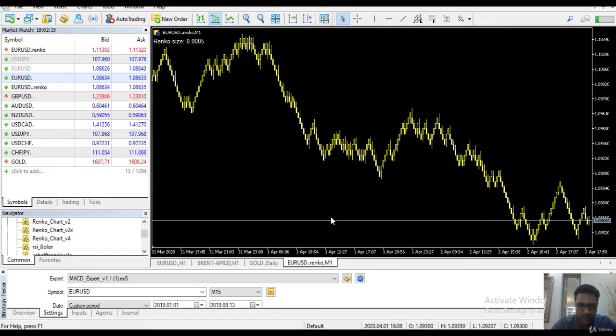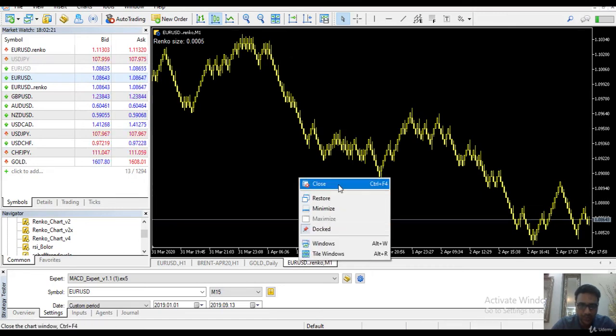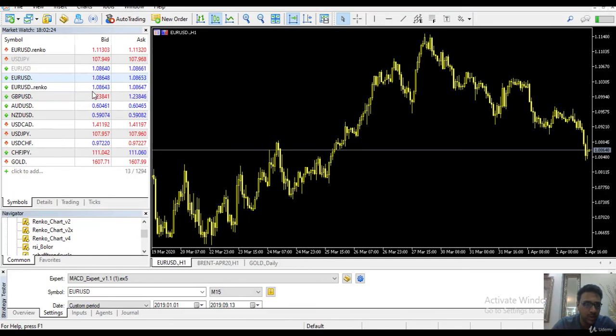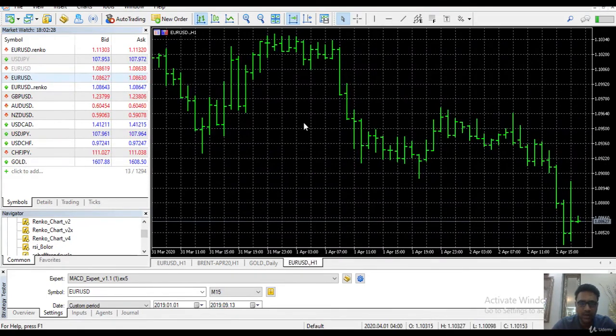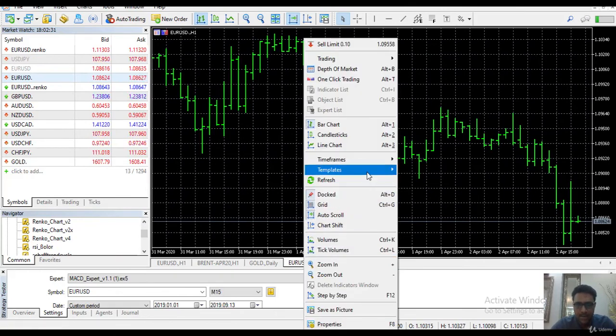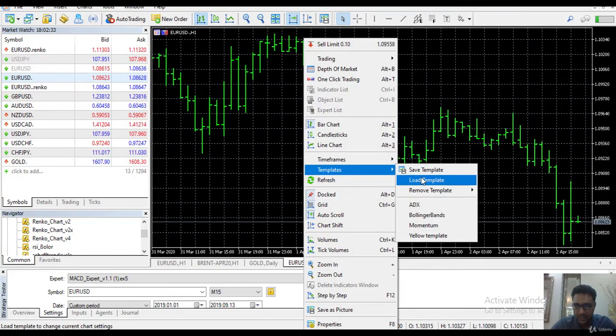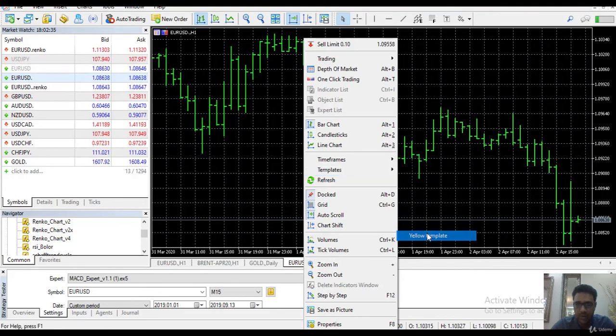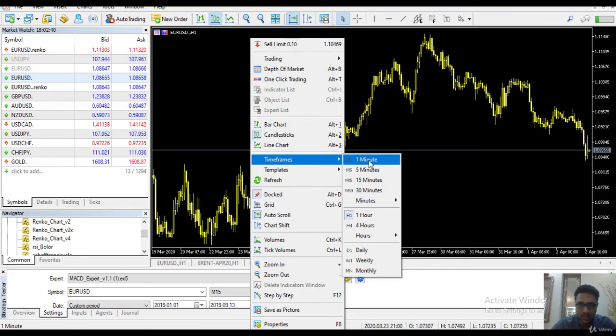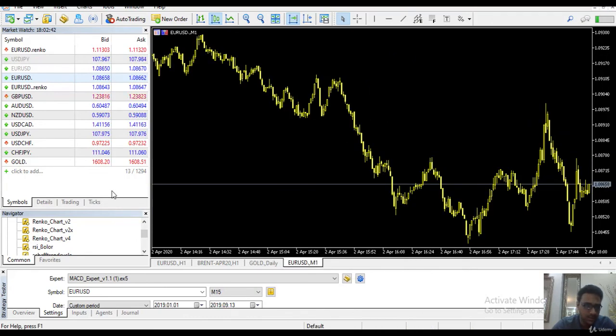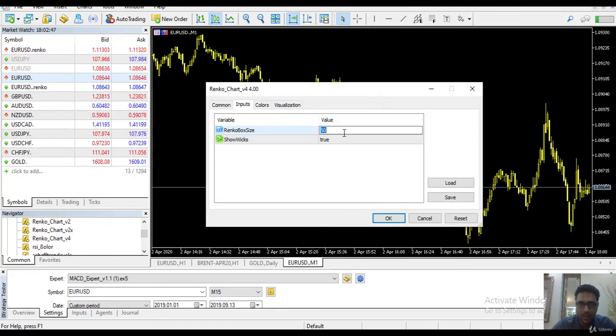Let's close this one and move on to another Euro USD. Let's look at a bigger brick size that would give us a very good example of how we will be looking at Renko charts. Let's move on to 1 minute, and let's put up 200 points, so one brick will represent 200 points.